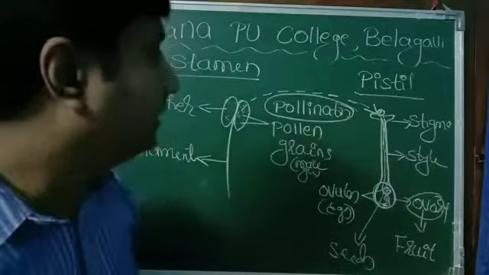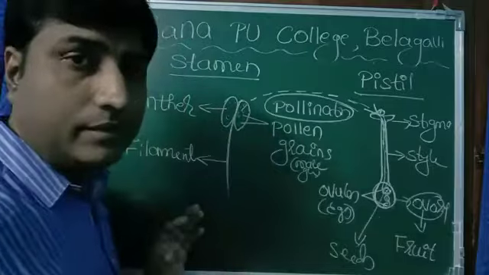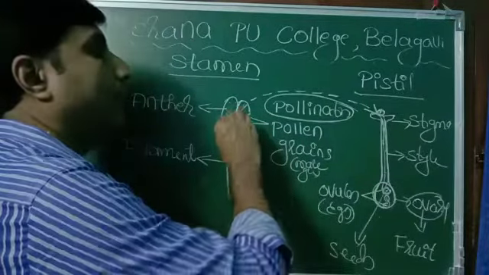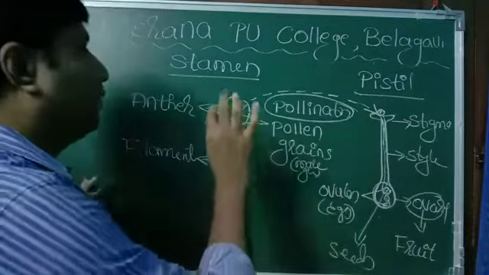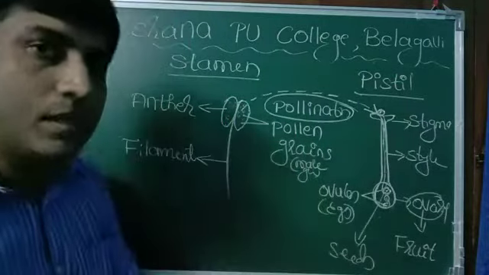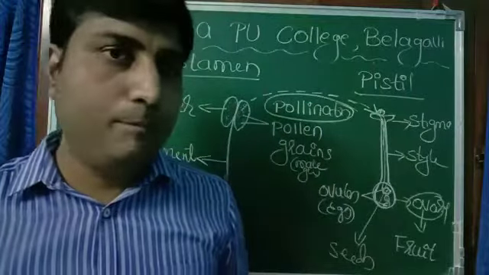Now, a very important thing, coming back to pollination. What is the definition? Transfer of pollen grain from anther to stigma is known as pollination. Pollination cannot take place on its own.